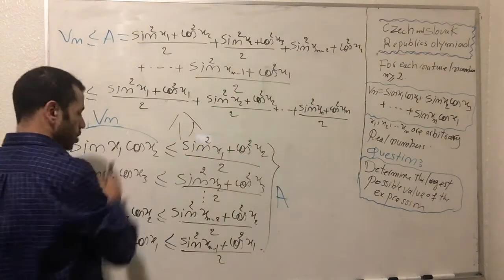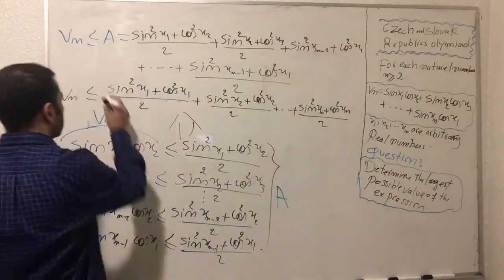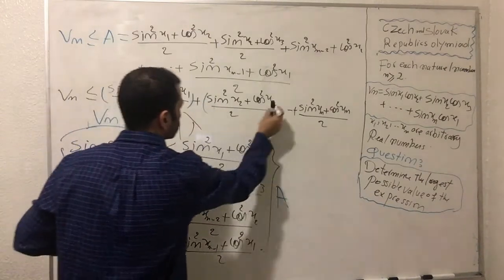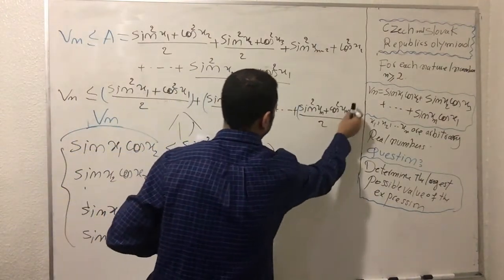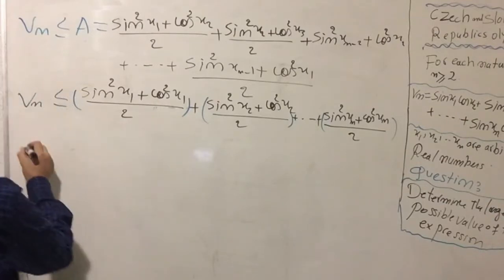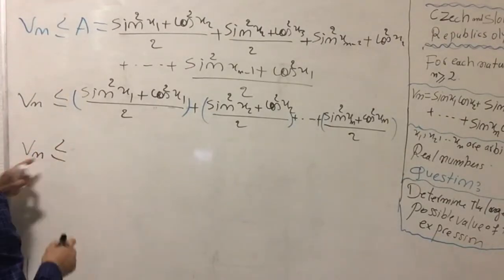Okay, as you see here. So now I have this one, I have all the way down all these numbers. Okay, so we have Vn is inferior or equal.